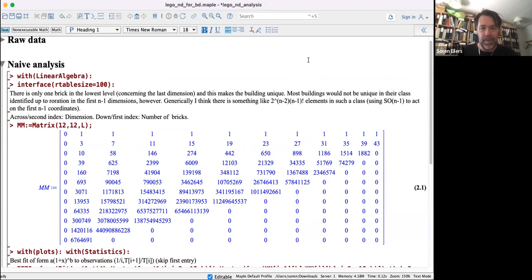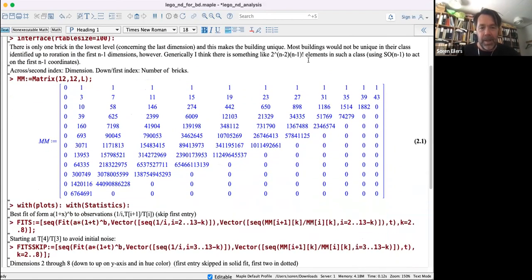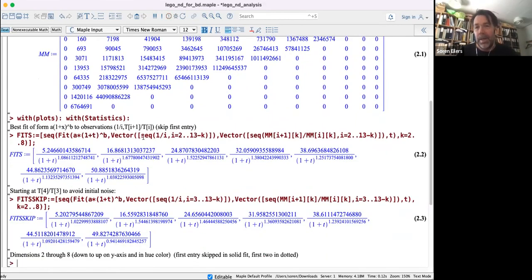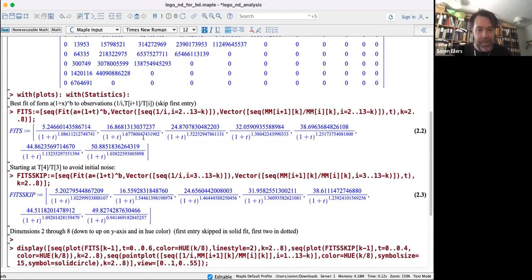So this is the reason why this is a triangle: if I get down in this corner, I have many bricks and many dimensions, and it just takes too long. So I don't really have that. But I can think of this as something that came out of a mathematical experiment, like if I had done something in a lab. Let me show you what this looks like as a graph. It takes a little while for Maple to do this.